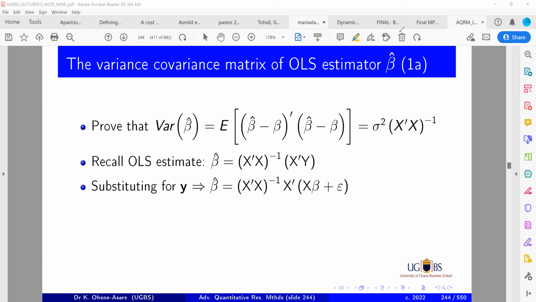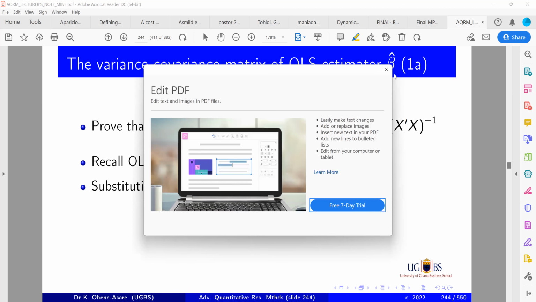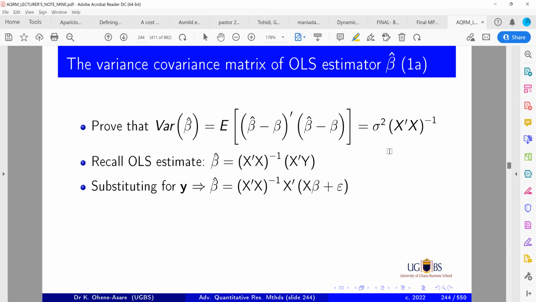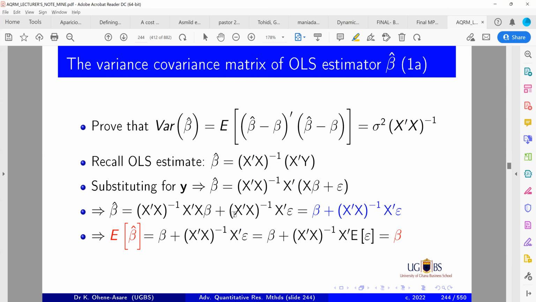What you do is this. This is the expansion that I just did. You will note that when you take the expected values, the expected value of beta is the beta cap. You did that previously.